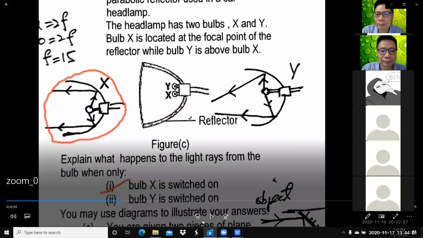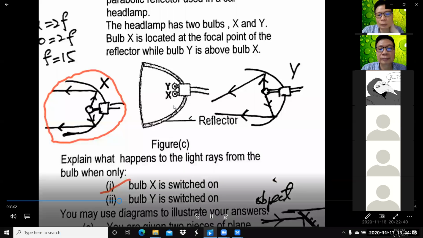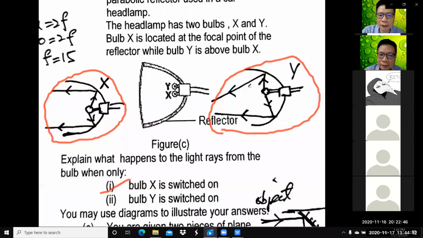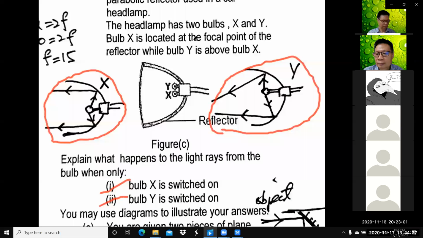Now we go to part 2. Part 2, you draw this diagram. You draw this, then only we answer part 2. Draw this diagram now on the foolscap paper. Hurry up.